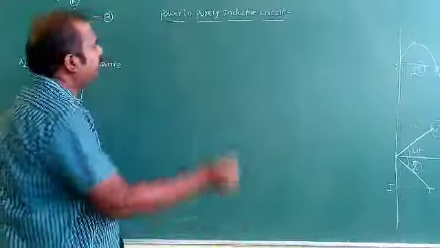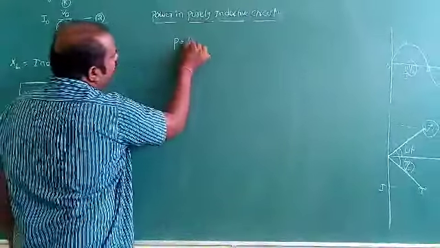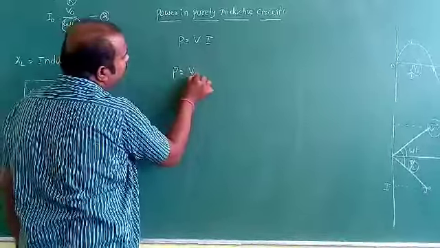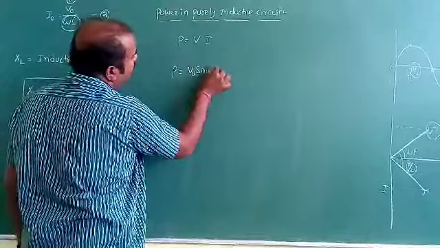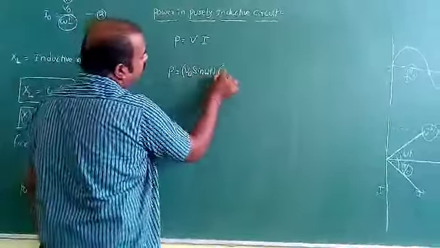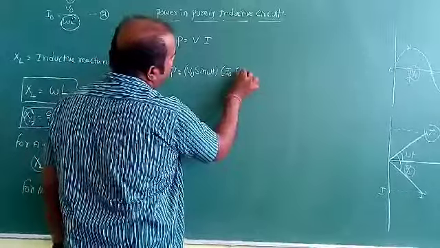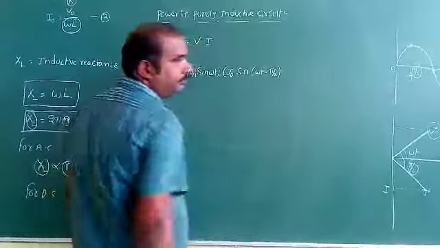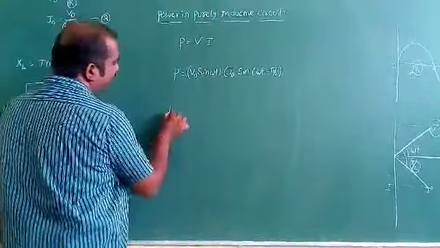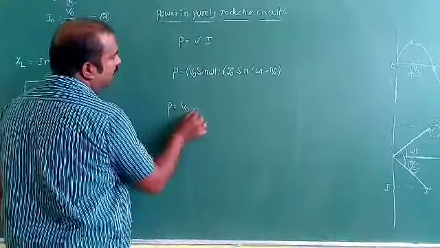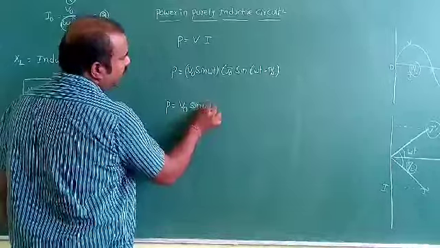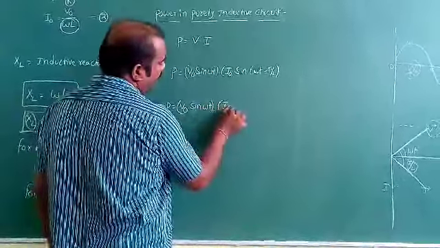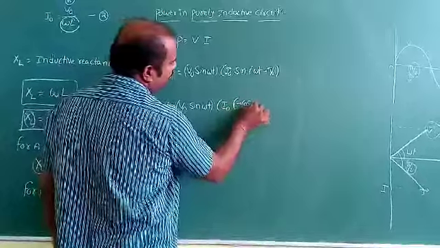See, power is equal to V into I. Power is equal to V, meaning V naught sine omega t, here I naught sine omega t minus pi by 2. Or P is equal to V naught sine omega t into I naught minus cos omega t.